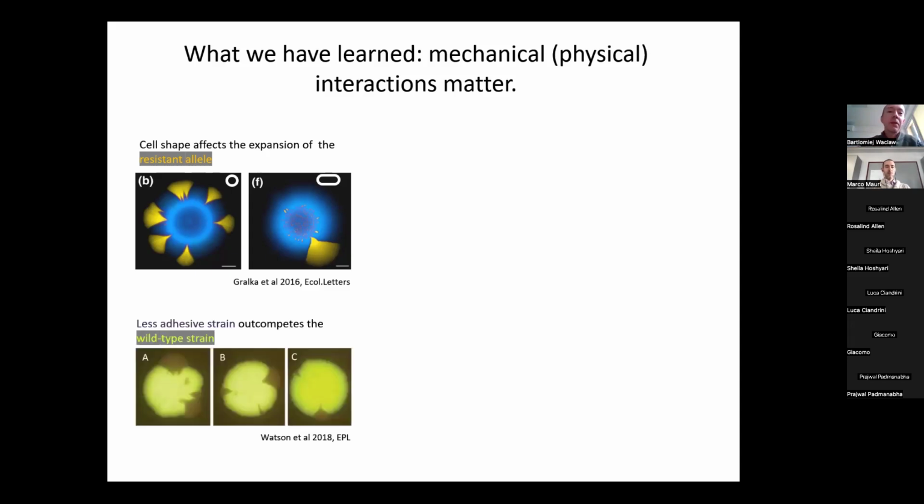Another interesting observation is that even in the absence of growth advantage, a mutant might still form these expanding sectors simply because it adheres less to the substrate on which the biofilm or the colony lives. So this has nothing to do with growth advantage. It's a selective advantage, but it's related to mechanical interactions.